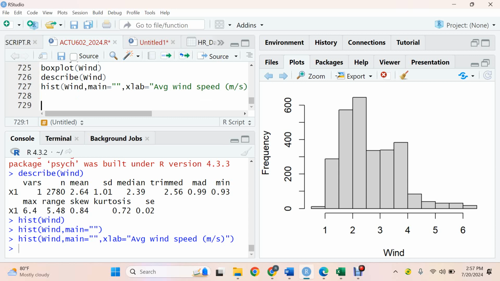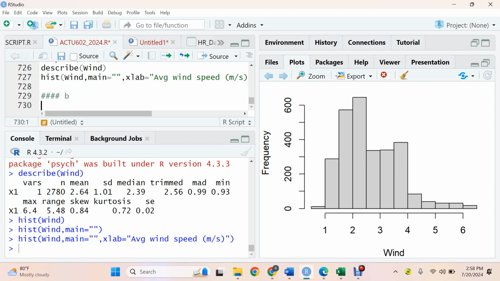So the section B, we said, let me make a comment that you may differentiate.